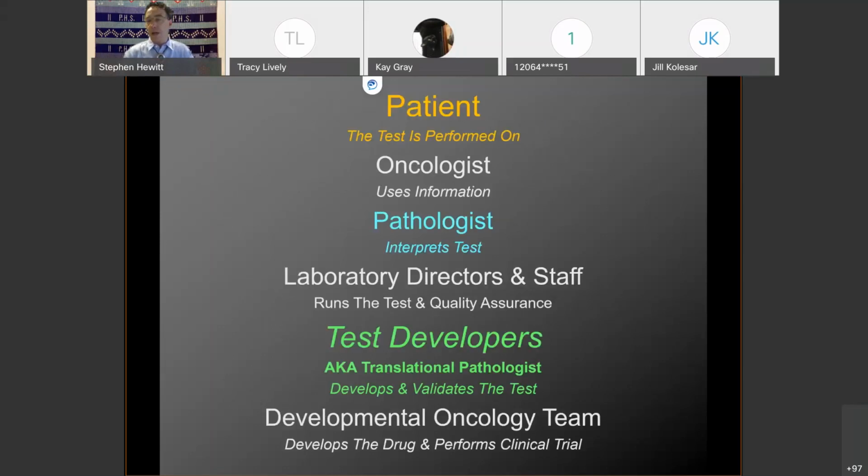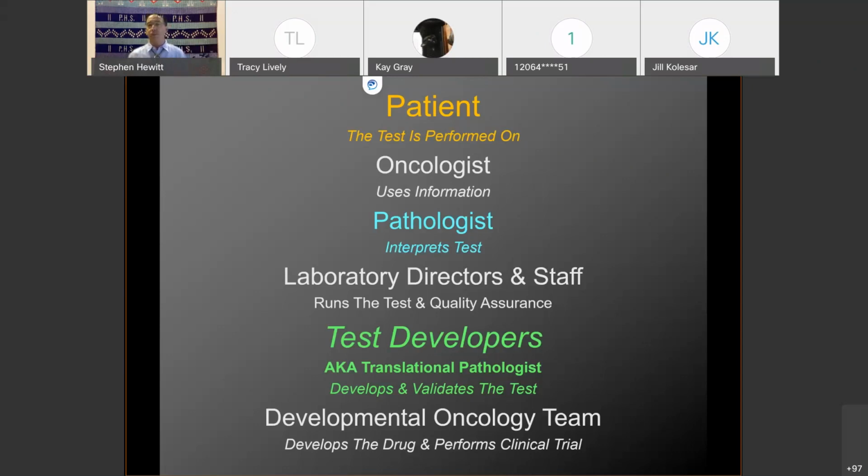So I use this pyramid. It's important to understand where this system is and what's going on, because oftentimes when you're looking at an immunohistochemical biomarker in a trial setting, you're talking to your trialist pathologist who is going to interpret your test. And that's wonderful. You need to have a strong relationship with this person and have a broad conversation with them because they're really doing a lot of work for you.